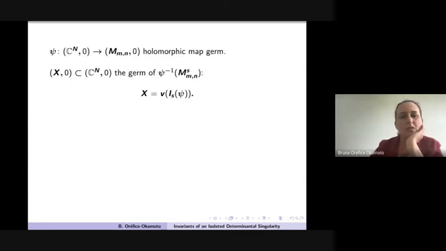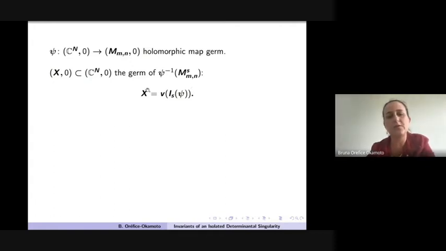Now, I consider a holomorphic map germ psi from C^n to the set of matrices of size m times n. And I will consider the analytic germ X, the germ defined by the inverse image by psi of this set here, of the matrices with rank less than s.